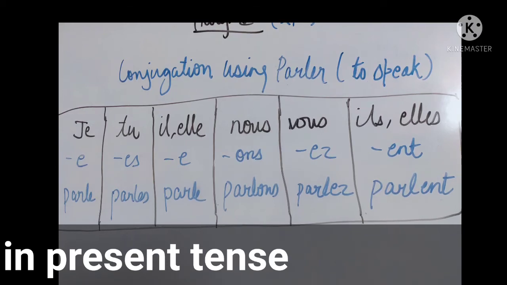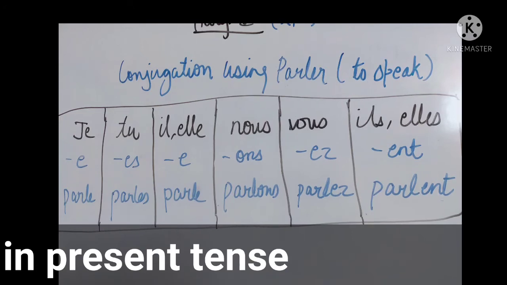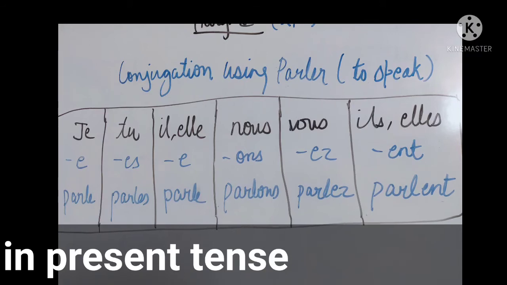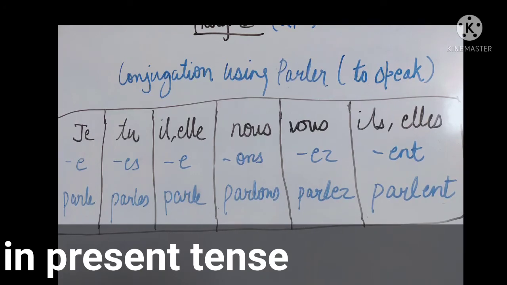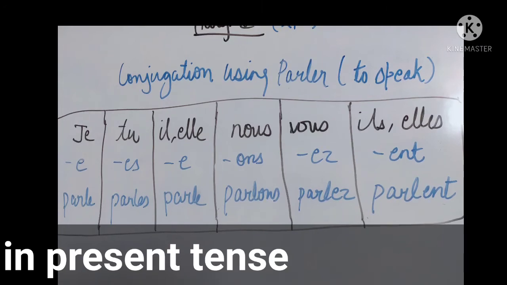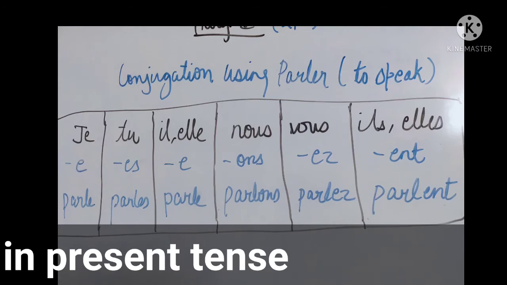Remember in the case of je, tu, il, elle and ils, elles, we have to add e, es, e and ent respectively, but the pronunciation of all four of them will be the same. Got it? This is for ER regular verbs, the verbs which end with ER.